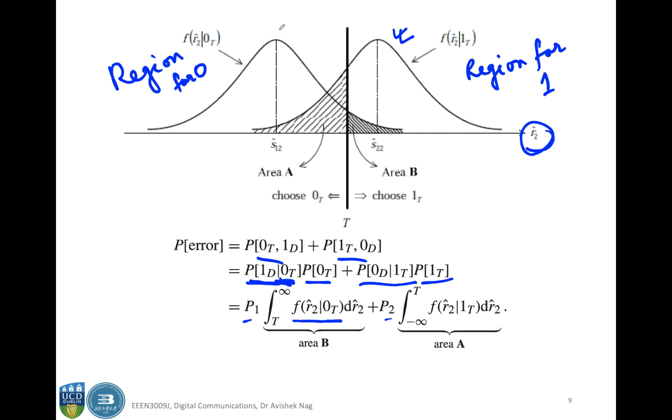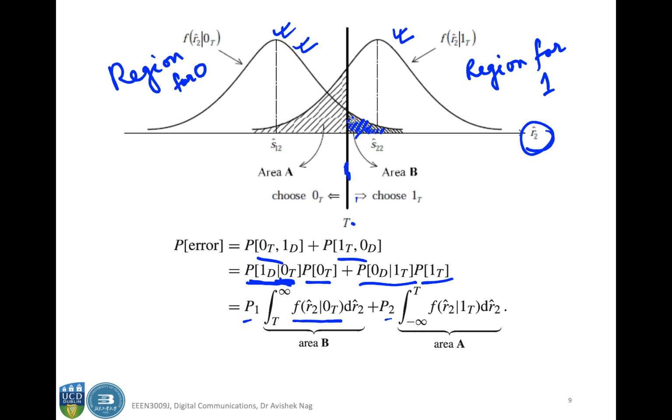So if I am transmitting a 0 but my received signal falls in this region, then I am making an error, and that probability of error is anything that falls in this region from this value t, which is this threshold or the decision boundary, to infinity. So t to infinity of this conditional PDF. In other words, this is the area that we are interested in.